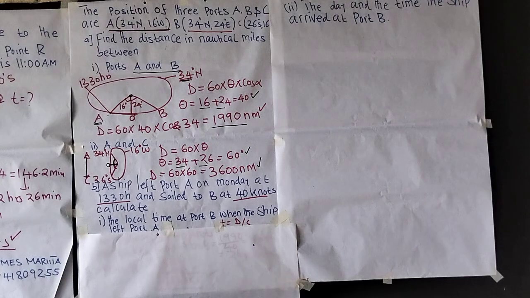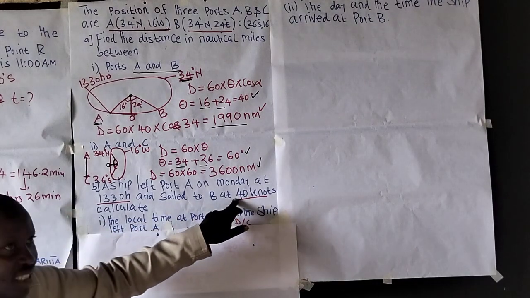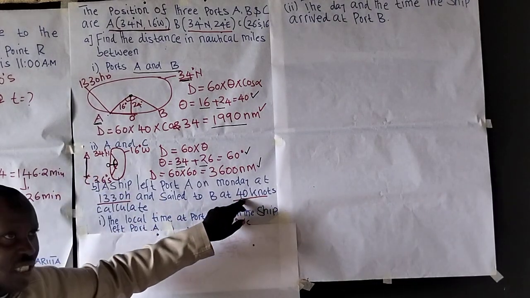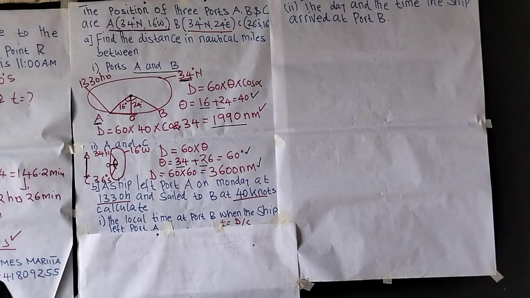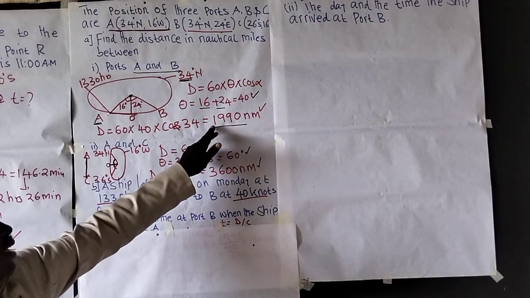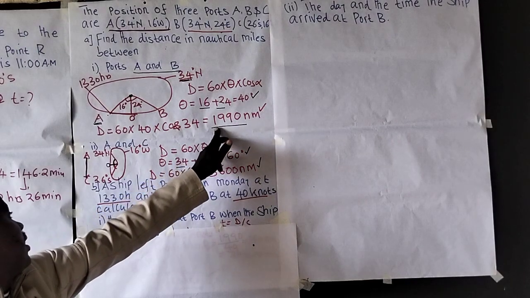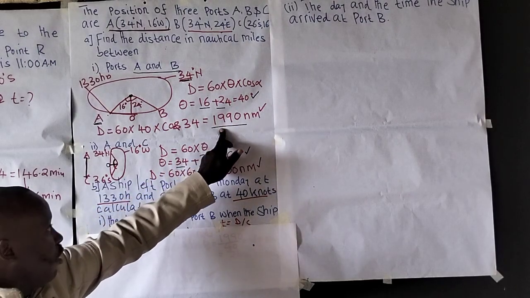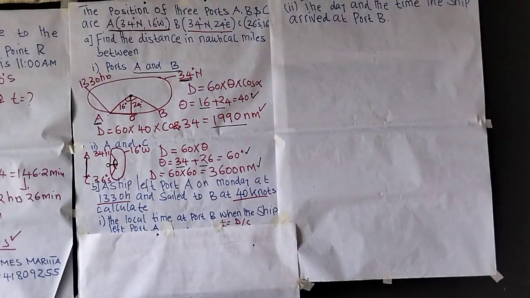So we have the distance in nautical miles, which is 1990, and the speed in knots. Part (a): we are supposed to calculate the local time at port P when the ship left A.